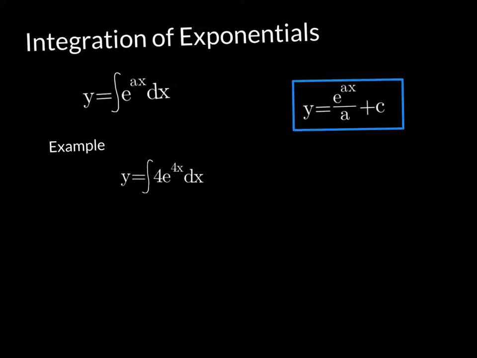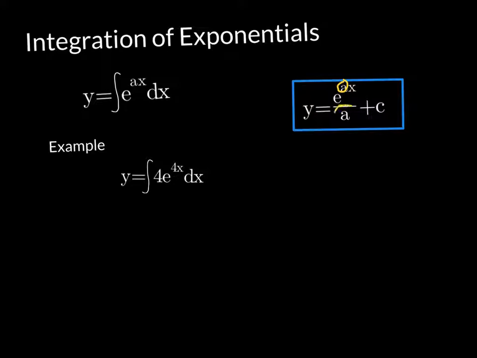So what if we were looking at integrating exponentials? Well, if we have y being equal to the integral of e to the power of ax, remember that e is just a mathematical constant, and we're integrating with respect to x, then what happens is that now we actually divide by this power a.